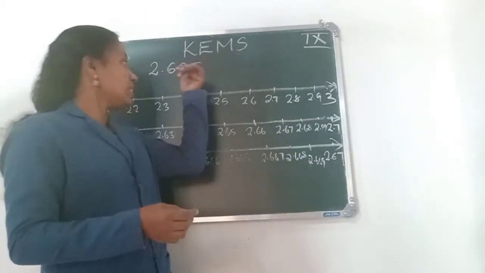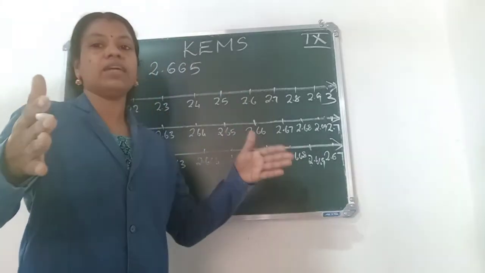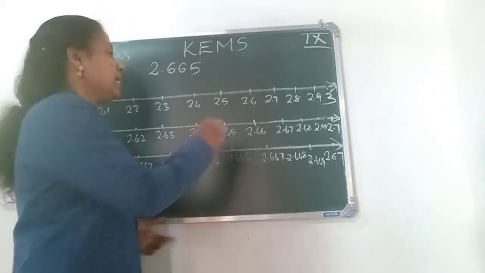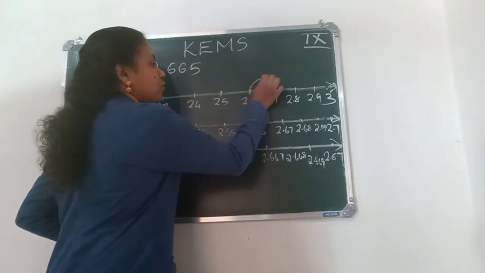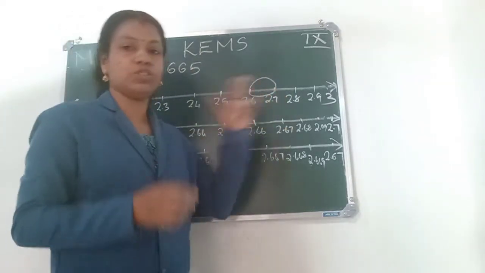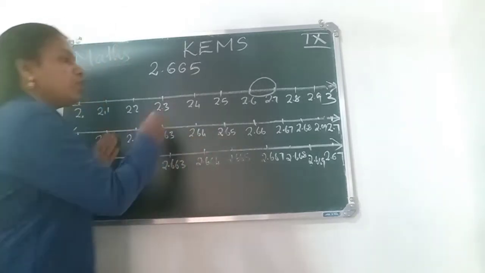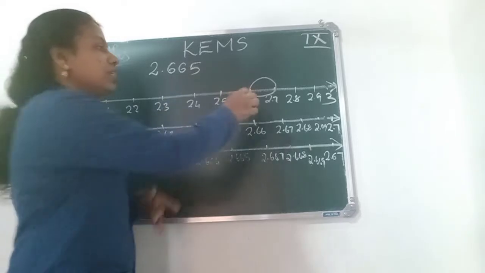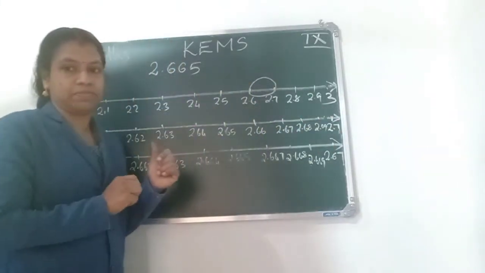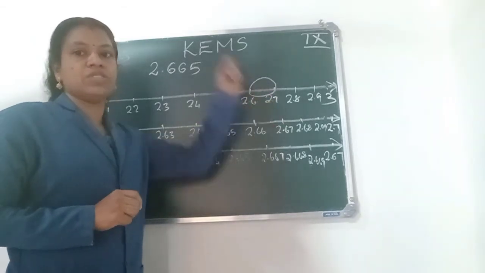Because 2.665 lies between 2 and 3, we divide 2 and 3 into 10 equal parts. Here 2.665 comes between 2.6 and 2.7. Clear? So draw another number line and mark the two points as 2.6 and 2.7, because 2.665 lies in between these two numbers.